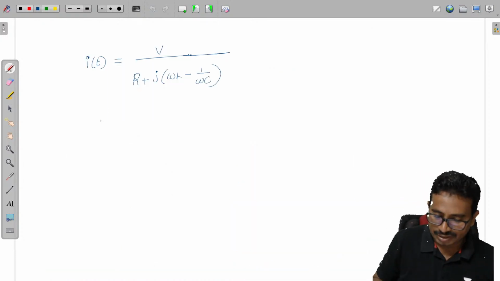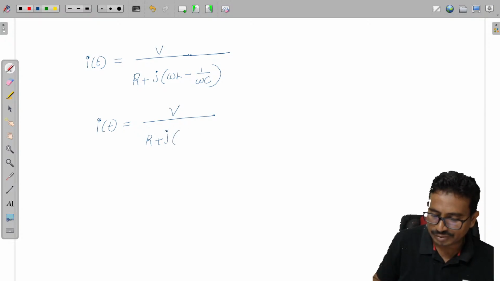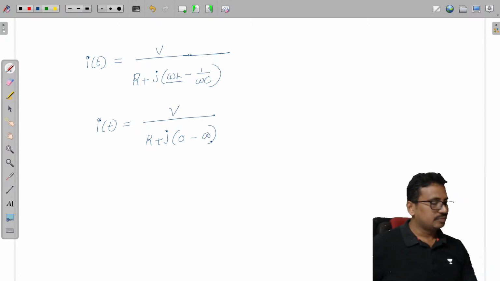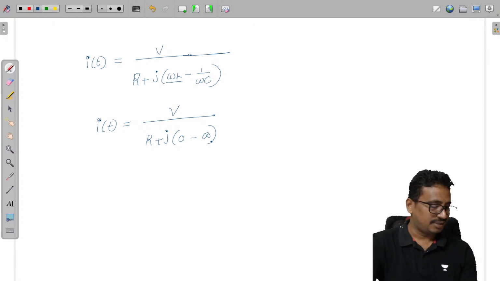In DC supply, so that means current. So what we can say, I of t is equal to V by R plus j into this value. This inductance value is equal to 0, but the capacitance value will become infinite or not? Omega. Isn't it?